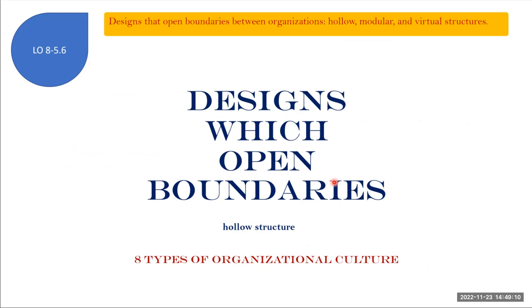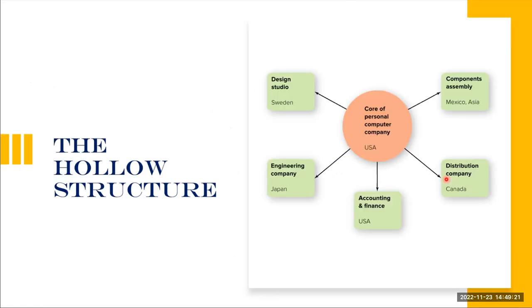These are designs which essentially open up boundaries, right? And they are hollow, modular, and virtual structures. Now, the first one is the hollow structure, right? It is called the network structure.